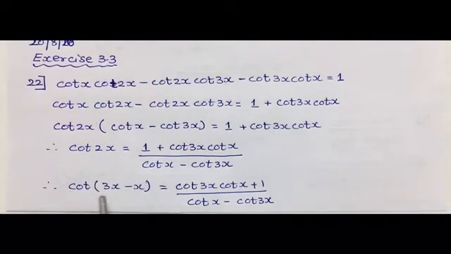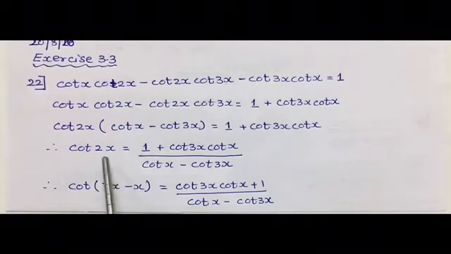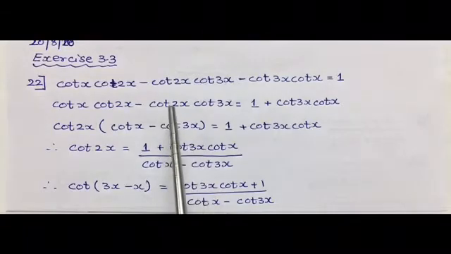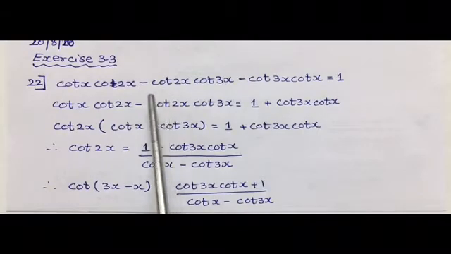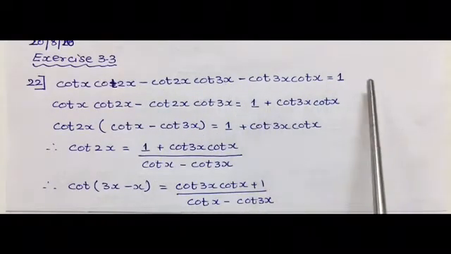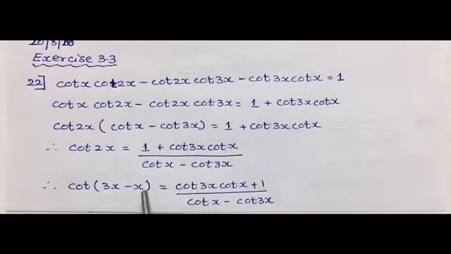So the formula of cot 3x minus x, expressing 2x, will become cot 3x cot x plus 1 upon cot x minus cot 3x. It is just similar to the formula of cot x minus y, and we get both these results to be equal. Hence, in the 22nd example, we are rearranging the terms by shifting a term towards RHS and then proving the result.